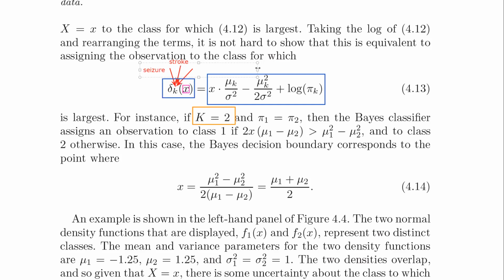And this is just an example. We're also going to take that the overall probability of seizure is equal to the overall probability of stroke, so 50% and 50%. Then the Bayes classifier assigns an observation to class 1 if all this.